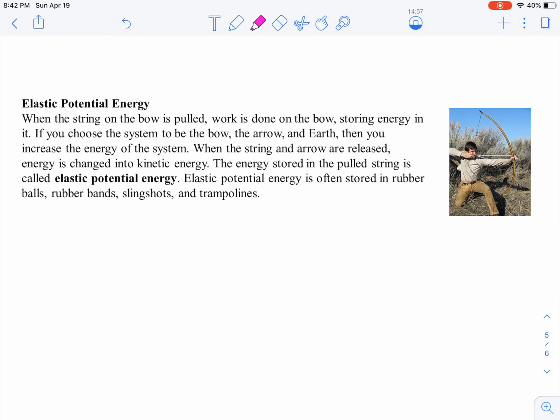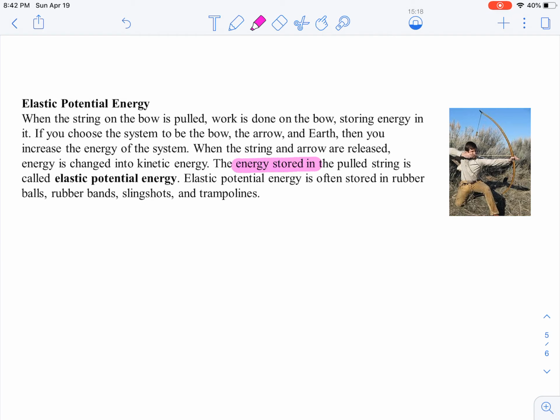When the string of the bow is pulled, work is done on the bow, storing energy in it. If you choose the system to be the bow, the arrow, and Earth, then you increase the energy of the system. When the string and arrow are released, energy is changed into kinetic energy. The stored energy in the pulled string is called elastic potential.